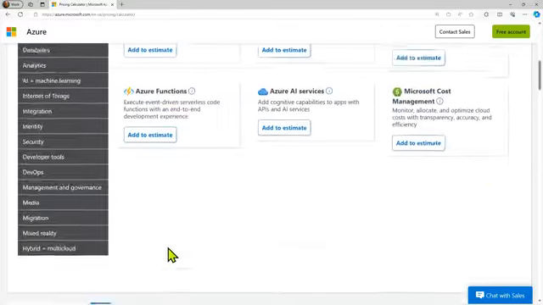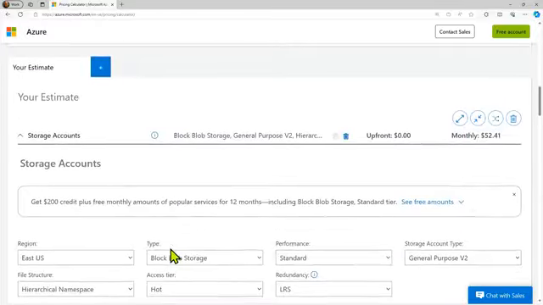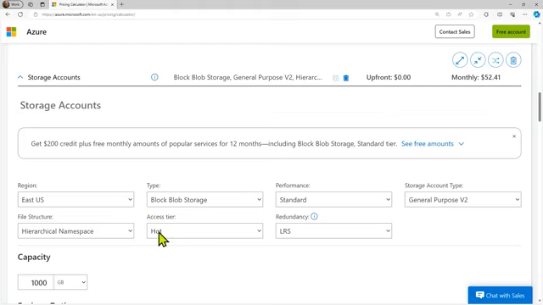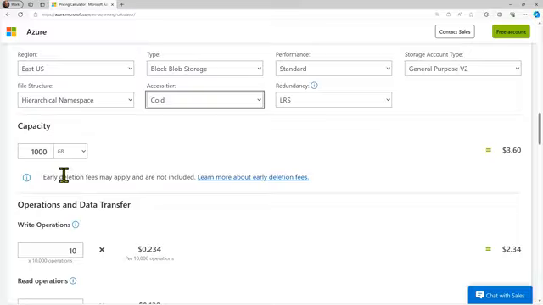I'm going to keep a lot of these numbers exactly the same. I'm going to switch this from hot to cold. You'll see that the same amount of storage is significantly cheaper. It's not $15 to store it, it's only about $3 instead of 15.